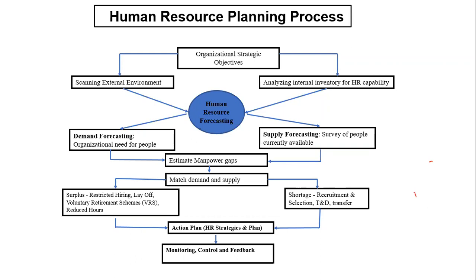So right now we have done our demand forecasting and we've also done our supply forecasting. And in our demand forecasting, we were able to project that, for instance, we will need 50 employees to perform the online teaching successfully. Are you following? Now, in our supply forecasting, we realized that currently we have only 40 people working in the organization.